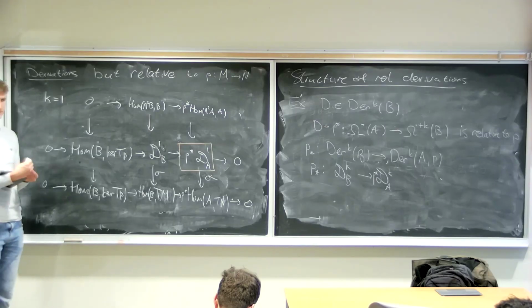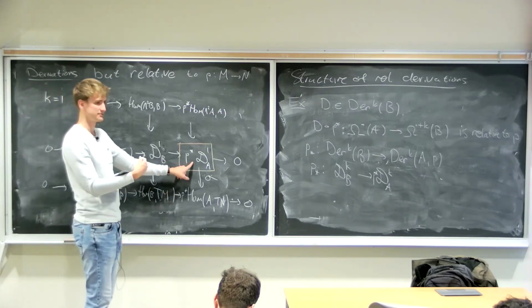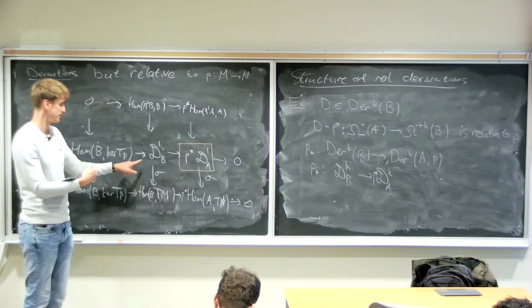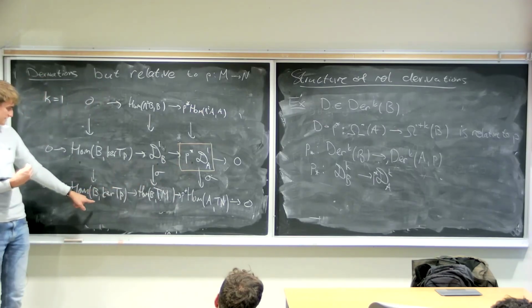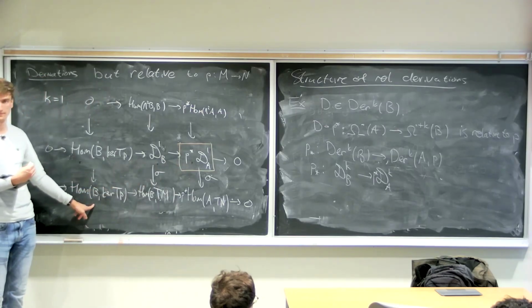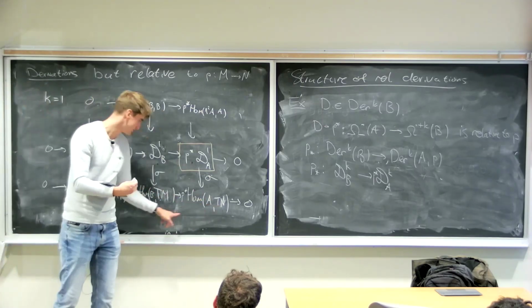And here's also where connections play a role. If you want to bump up a relative derivation to an honest derivation on B, you'll need to extend the symbol only. And to extend the symbol, you need to go from T_N to T_M.